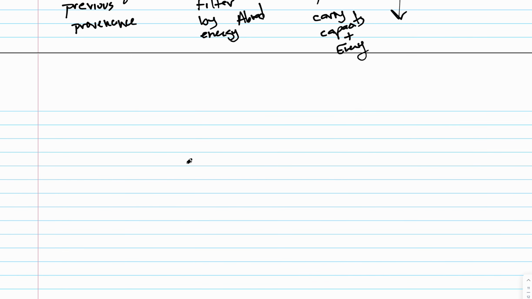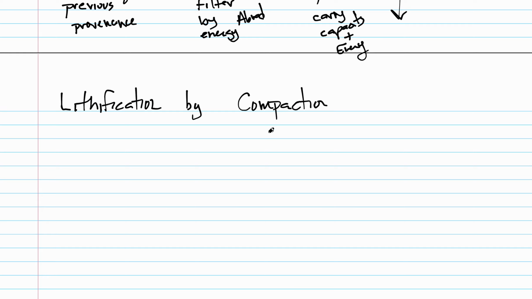Lithification means taking sediments and turning them into rocks. There are two steps in order to lithify sediments: compaction plus cementation. We'll draw two little sketches for this.